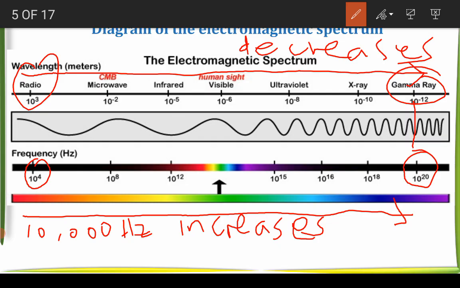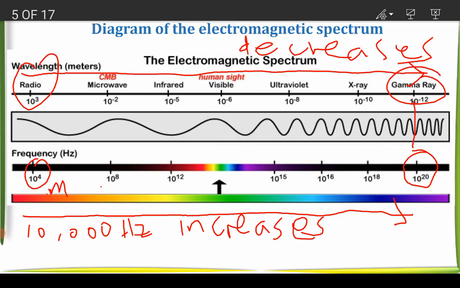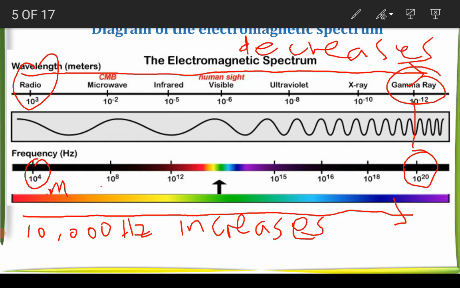So for radio, the frequency is minimum, and maximum for gamma rays.